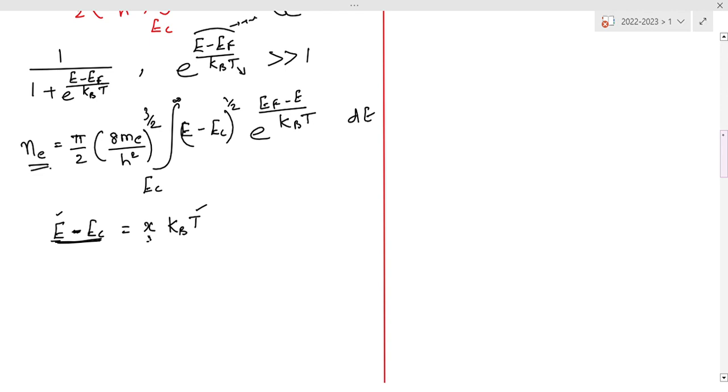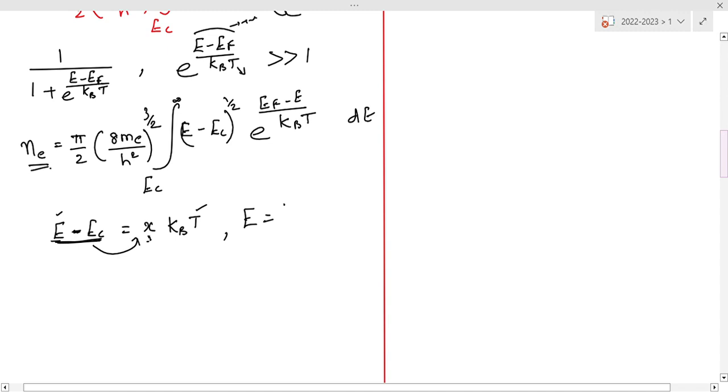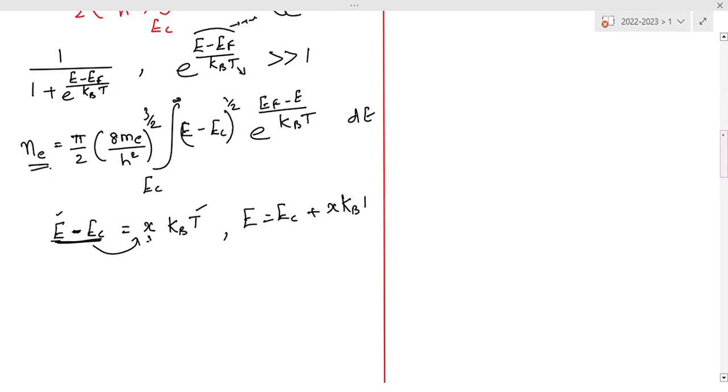Now we are going to find E is equal to what? E is equal to, I am taking this towards the other side, therefore EC plus x kBT. Then I am going to differentiate the above equation with respect to x. Therefore, dE by dx, or I can take this dx on the other side also.